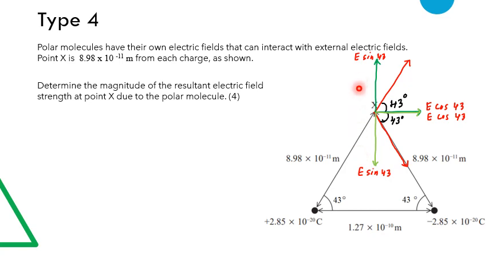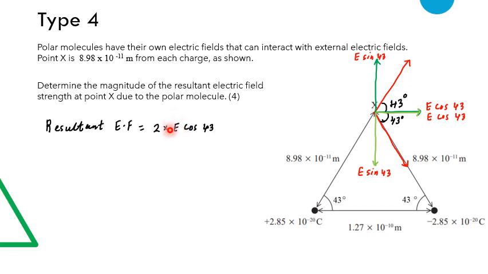Hence, they cancel each other. So, the resultant electric field would be the sum of the horizontal components produced by both charges. That is, resultant electric field is equal to 2 times E cos 43.